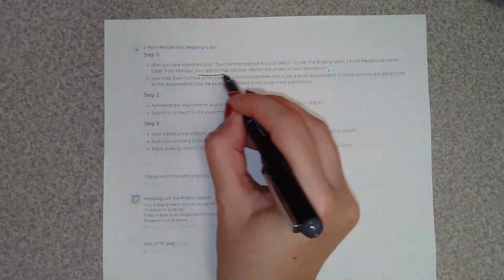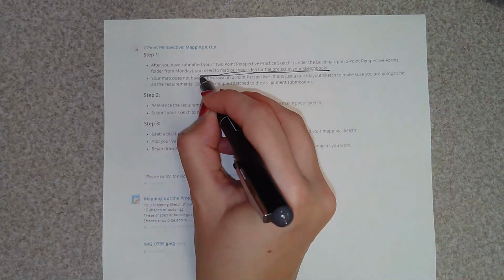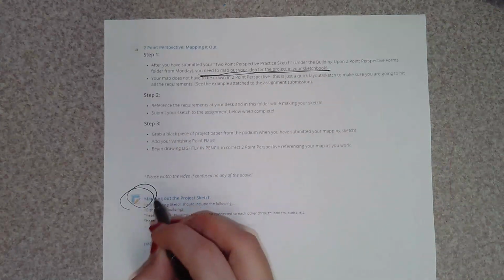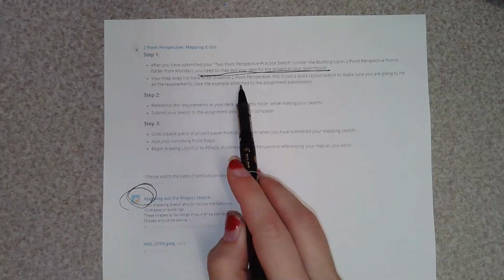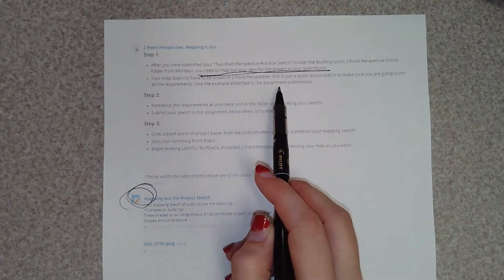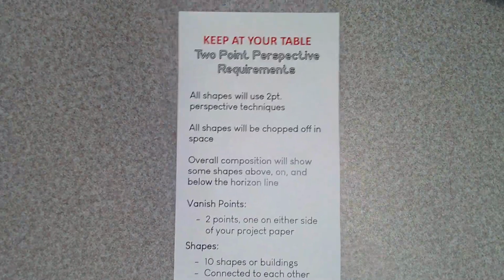What you map out for the project, you will submit here, all right? Your map does not have to be drawn in 2-point perspective. I just want to see a quick sketch, quick layout to make sure that you're going to hit all of those requirements, okay? The requirements should be posted at your tables, and they are also posted on Schoology, okay?